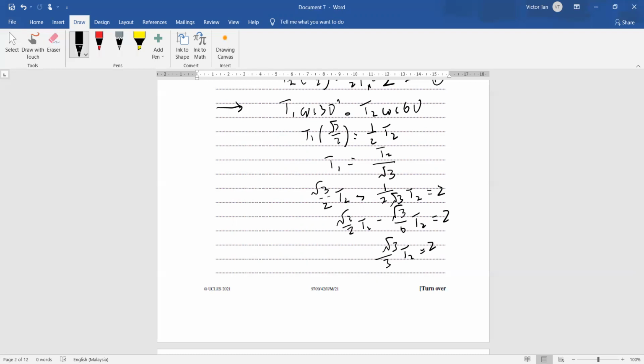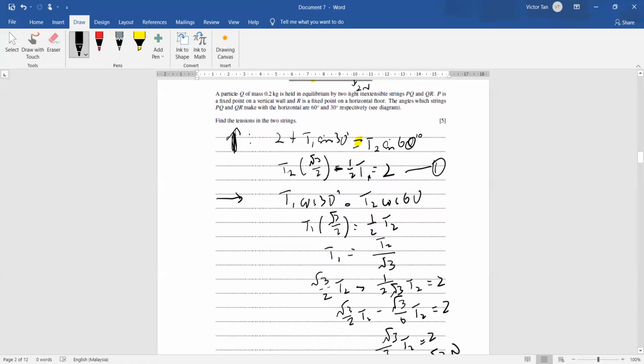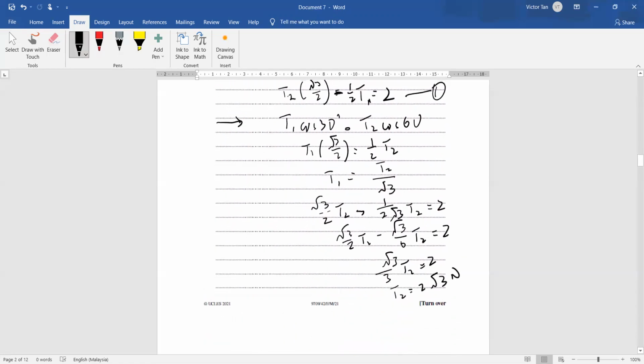So T2 is 2 root 3 Newton. Therefore, T1 is 2 root 3 over 3 root 3, which is 2 Newton. There, we have it.